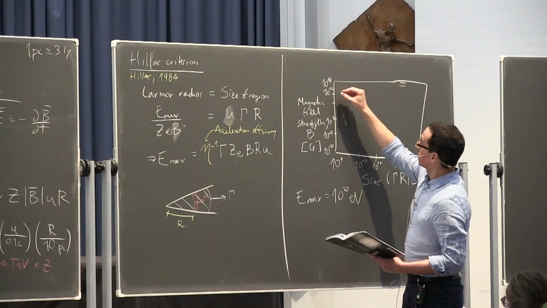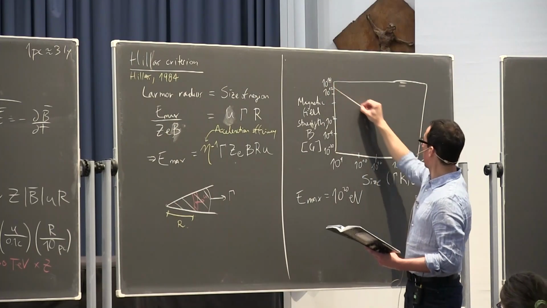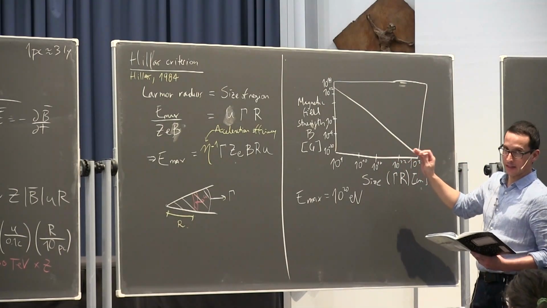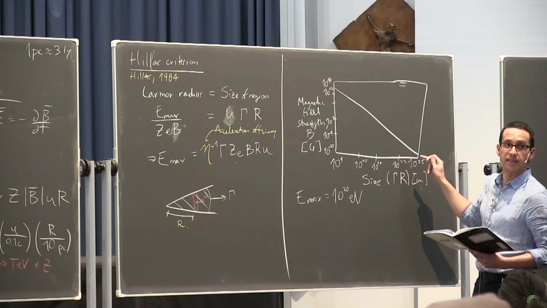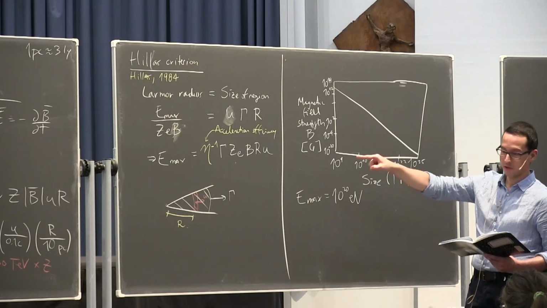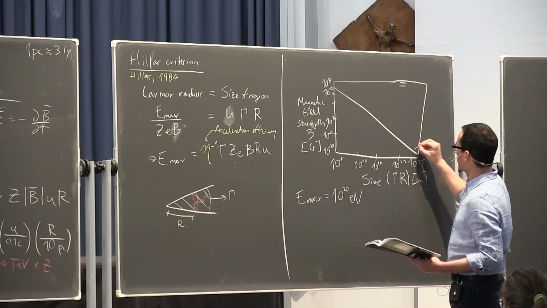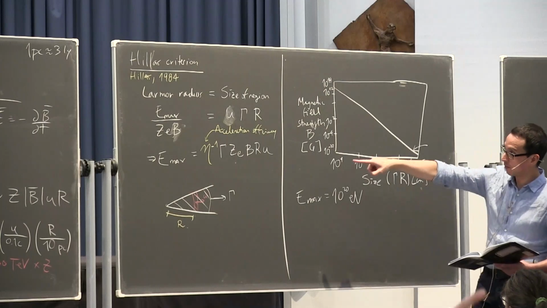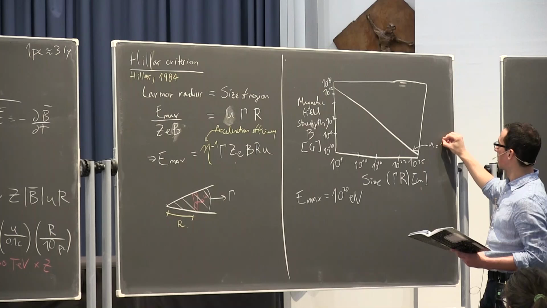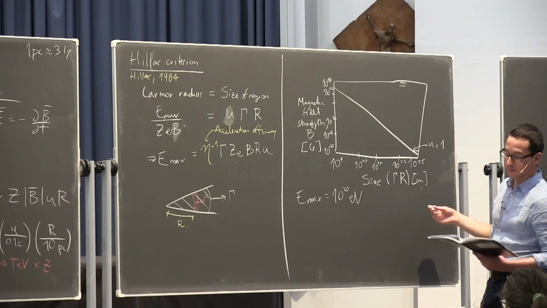And for a proton, it turns out that anything that is on that line will satisfy the condition of reaching 10 to the 20 electron volts according to the Hillas criterion. This is for one particular choice of the u velocity. So here I wrote 1. So this is traveling at the speed of light with respect to the surrounding medium.